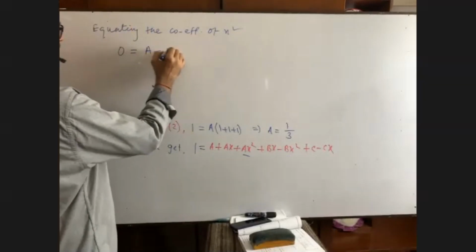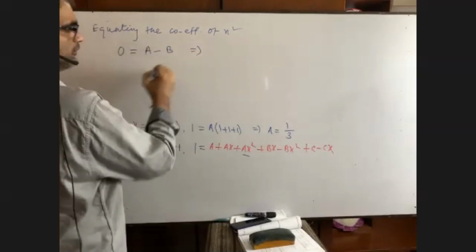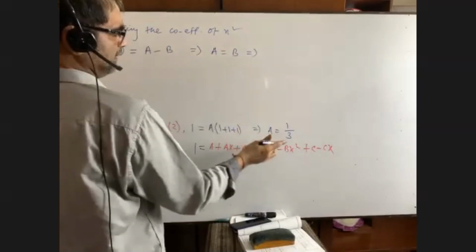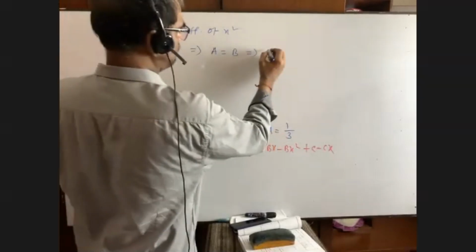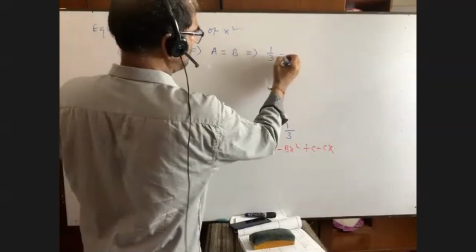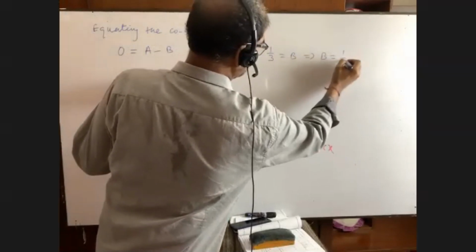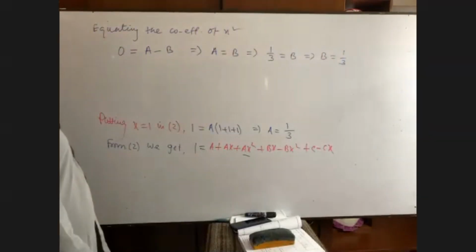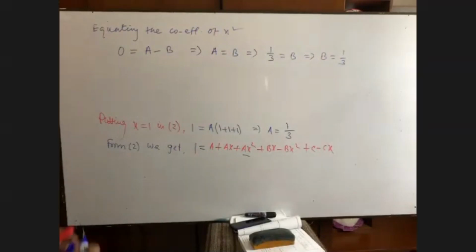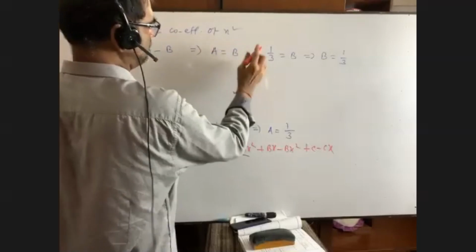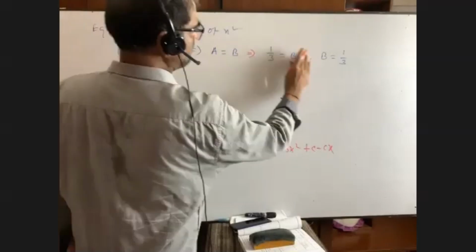So a minus b, that means a equals to b. That means value of a equals to 1 by 3. So 1 by 3 equals to b. That means b equals to 1 by 3. Very simple. Okay. We can give another so that you can get it.